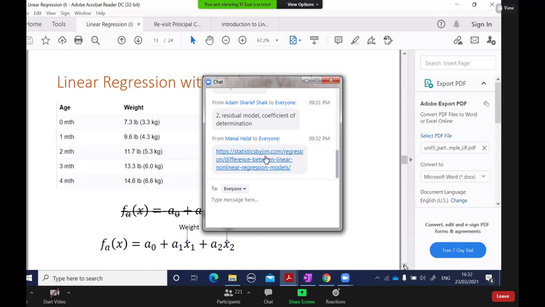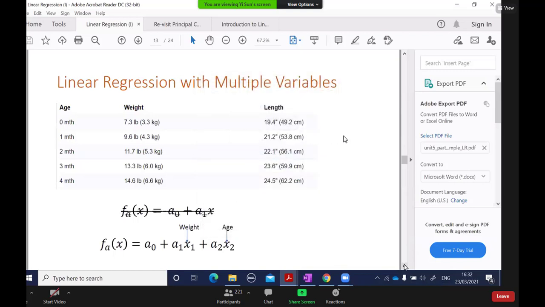Now, so far we have only talked about one single variable. Of course, you can have more than one variable, like here. Rather than just predicting length or height given weight, this time we also have age for each baby, so we have more variables.